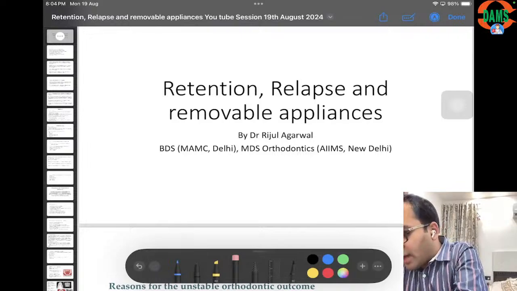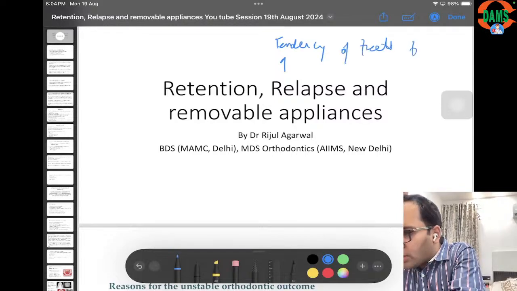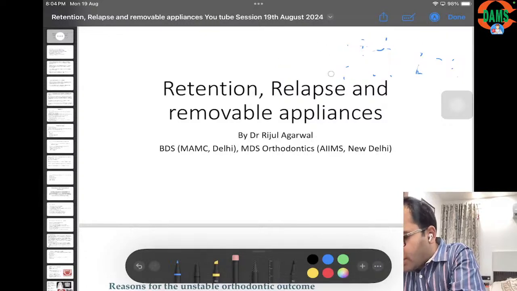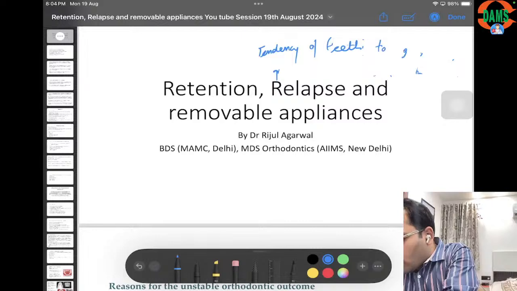So what is relapse? Relapse is the tendency of teeth to go back to their original position.